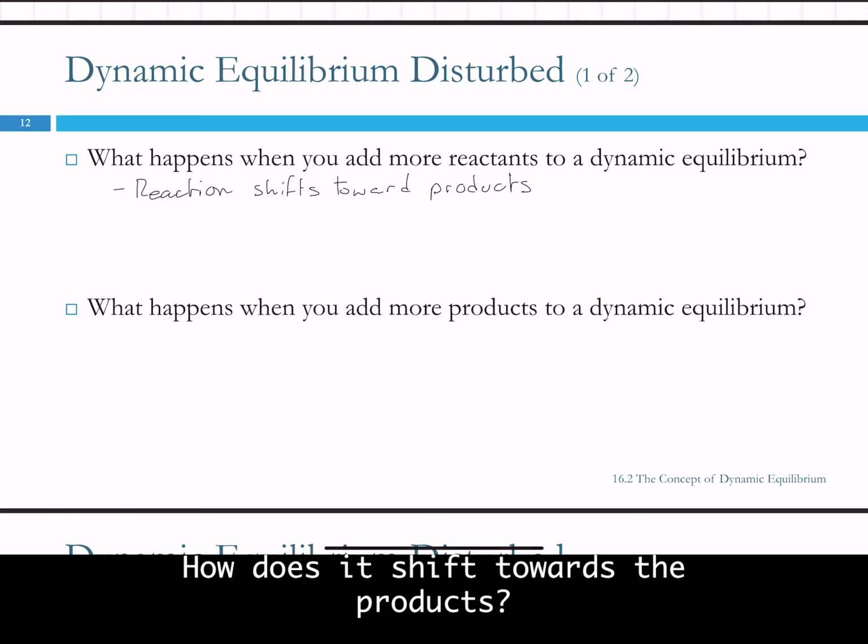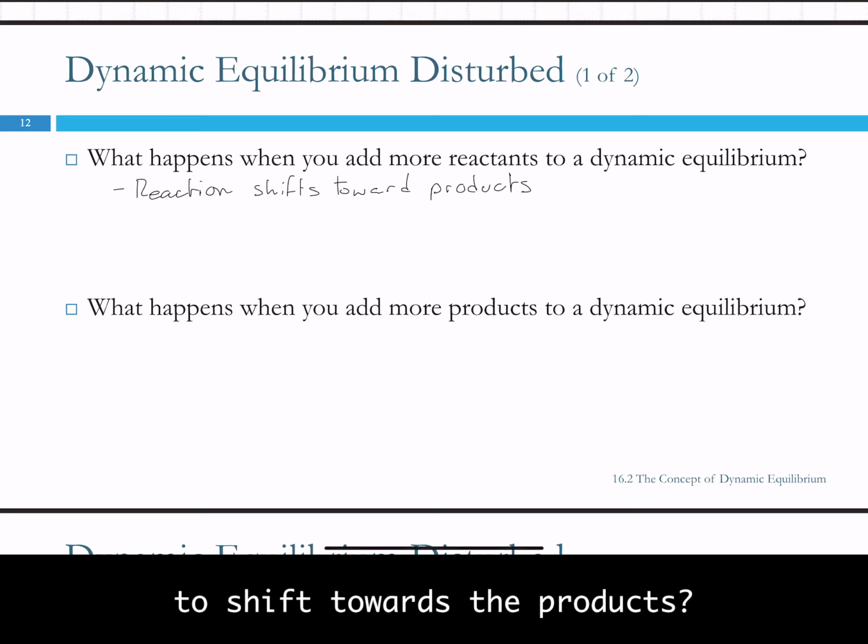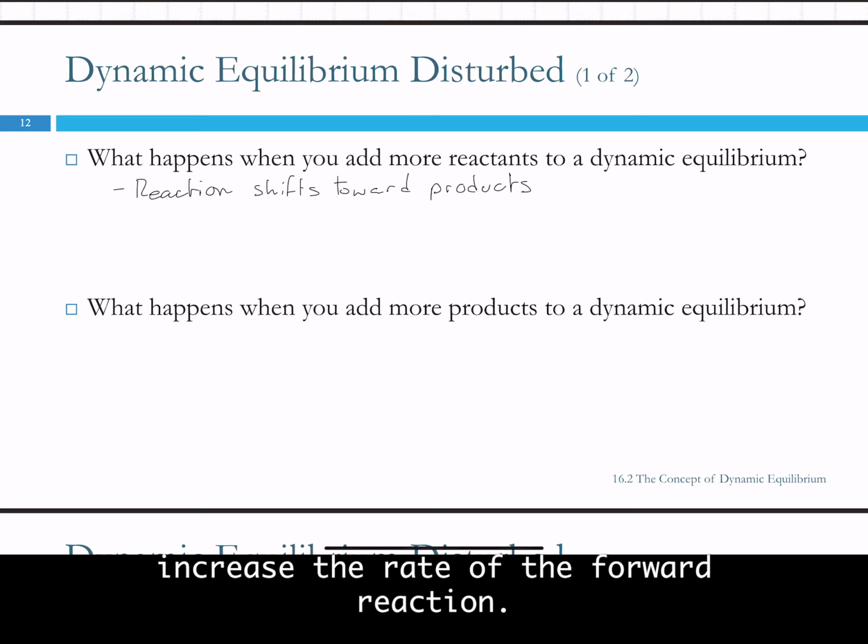But a little deeper, how does it shift towards the products? What about the reaction changes that causes it to shift towards the products? The ratio's off, so we need the right ratio, or the rate. If I add more reactants, I increase the rate of the forward reaction.